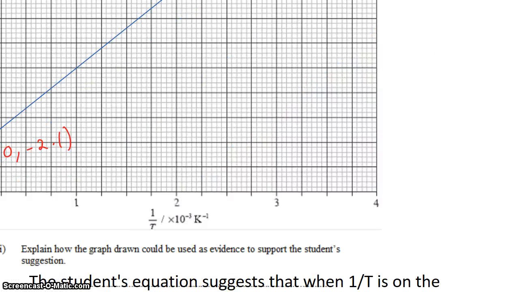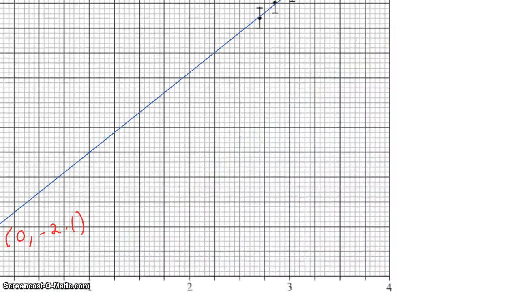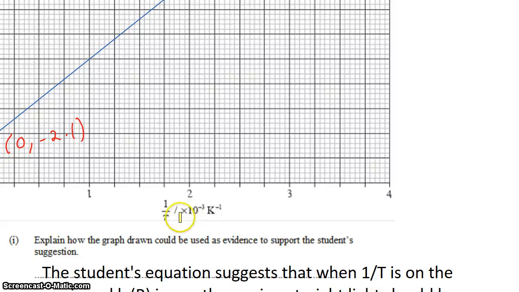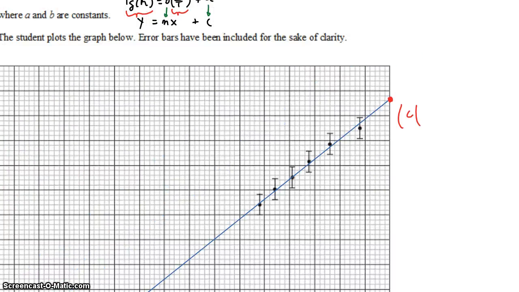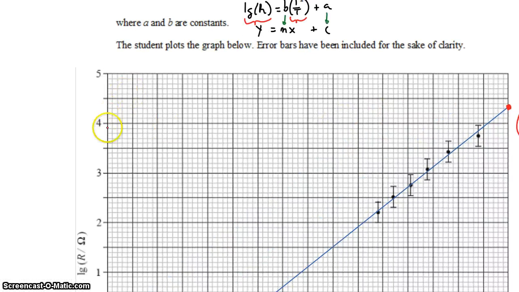Looks like this is 4. But remember, you always have to come down and check the scale. So that's actually 4 times 10 to the negative 3. And the height looks like it's 3 minor delineations up from 4, so that's going to be 4.3.